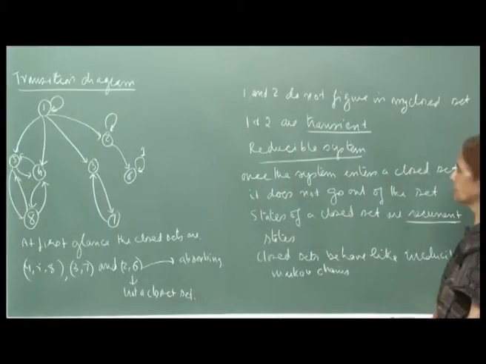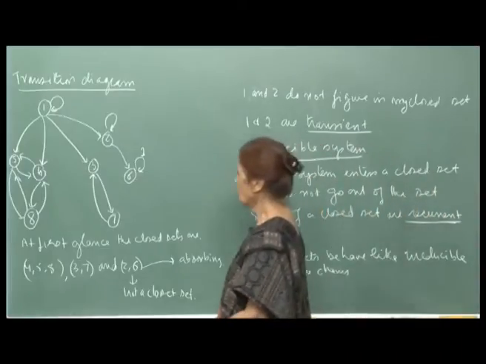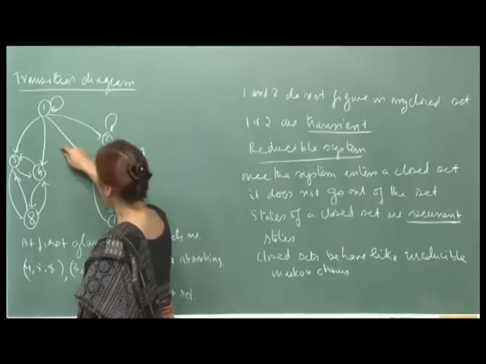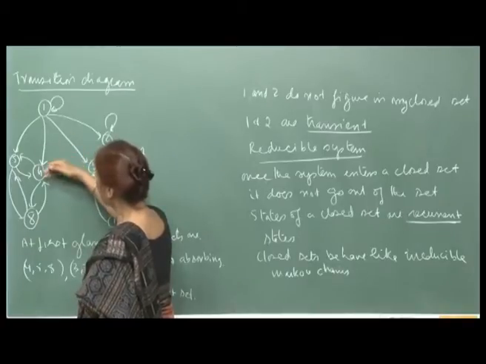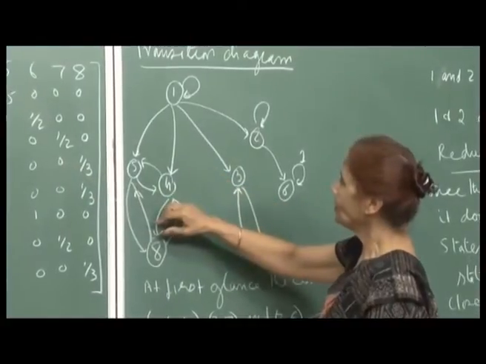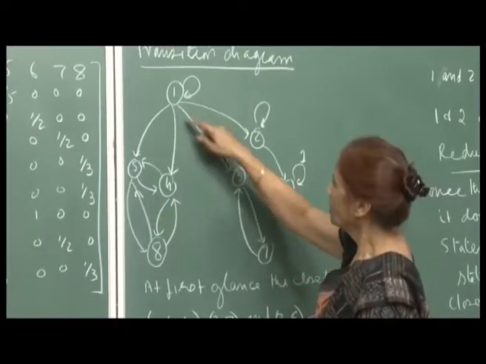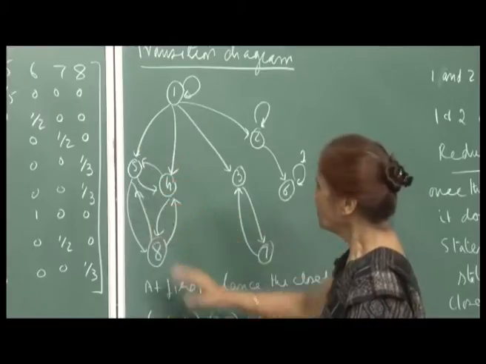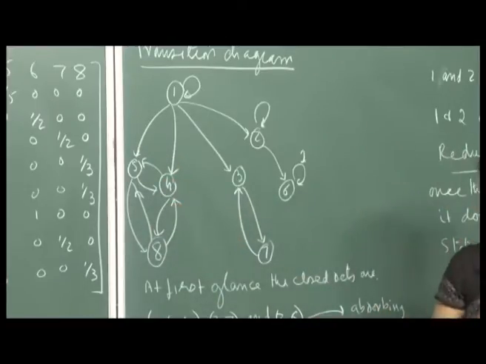The moment a system enters the closed set, there is no way of going out, because if this communicated with any other state, that would also form part of it. For example, if 4 communicated with 1, then 1 would become part of the closed set. So, that is not true.